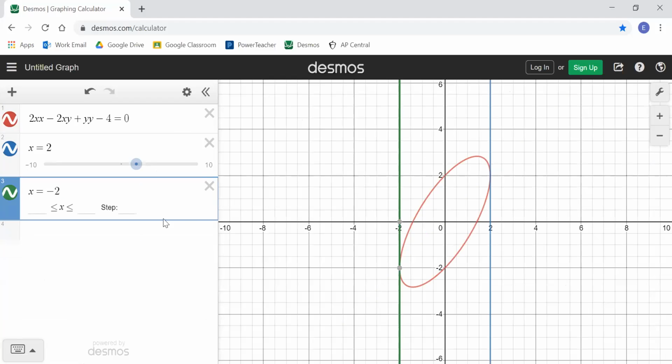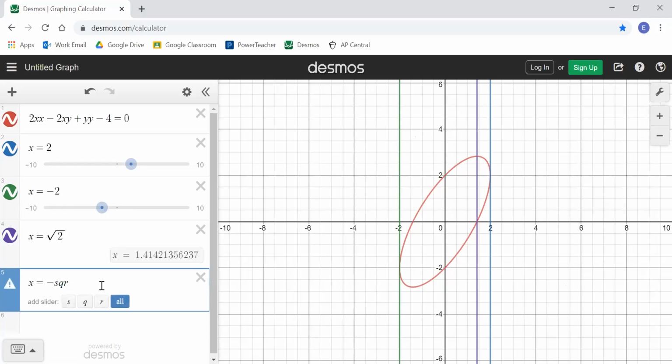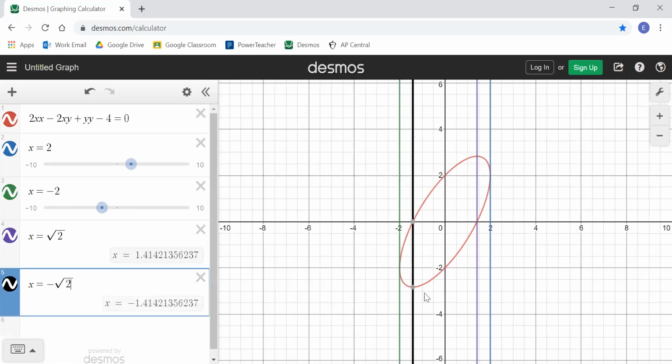And then we also said that x equals square root 2 is where the horizontal one would be. And it sure looks like that's where that horizontal one would be, isn't it? And x equals negative square root 2 will be where the other one was.